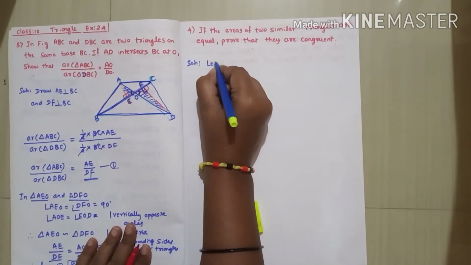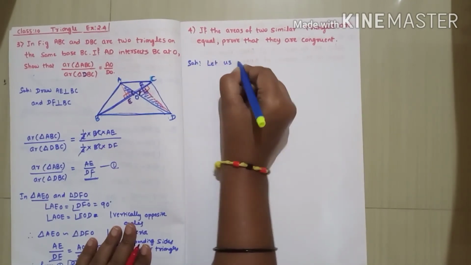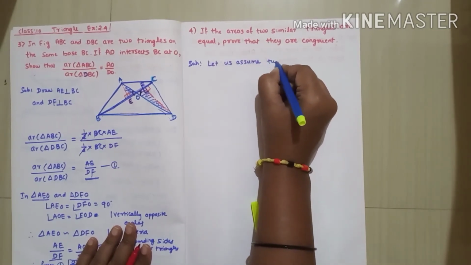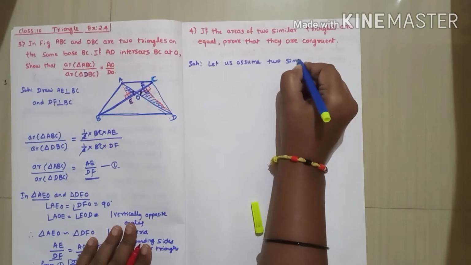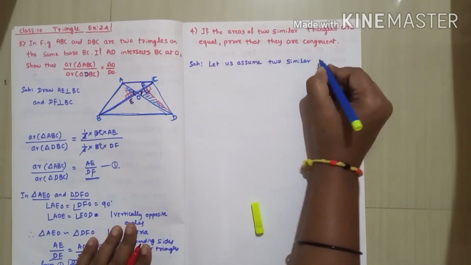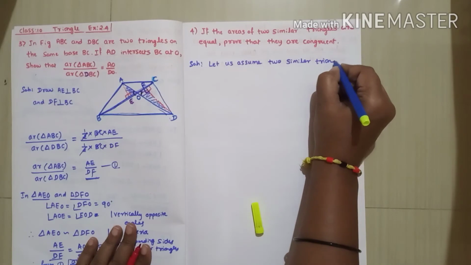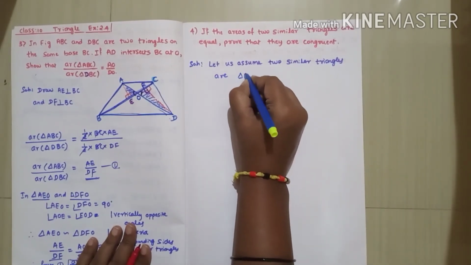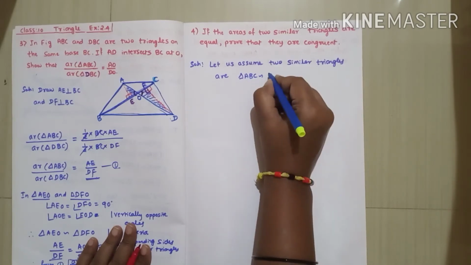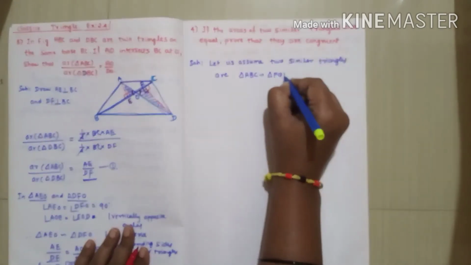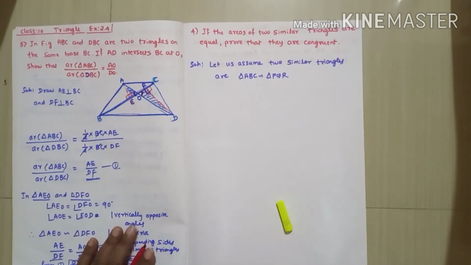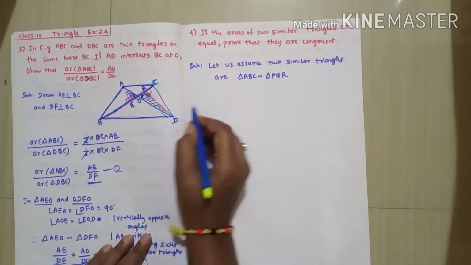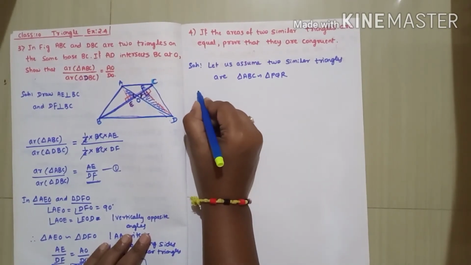Let us assume two similar triangles are triangle ABC is similar to triangle PQR. We will take. See, if these two triangles are similar, we can apply the areas of similar triangle theorem. What is the areas of similar triangle theorem?